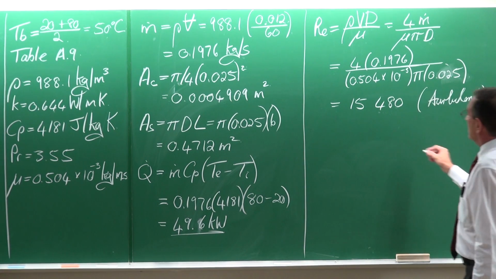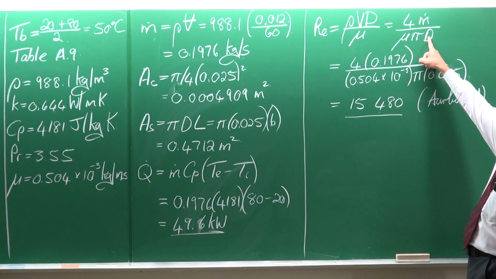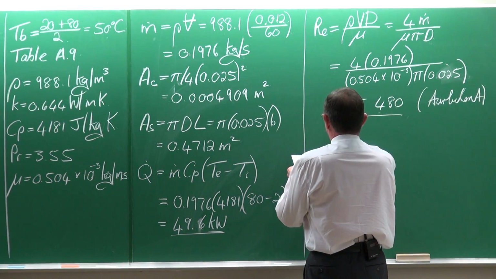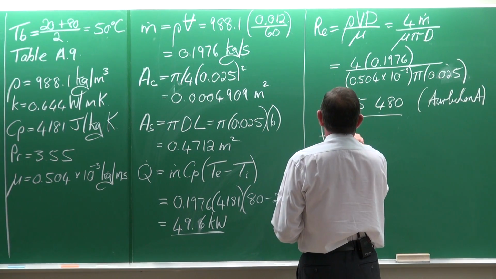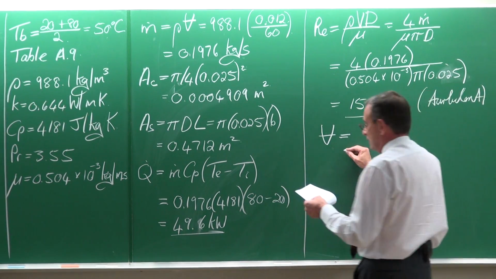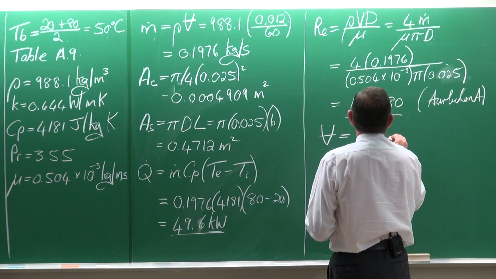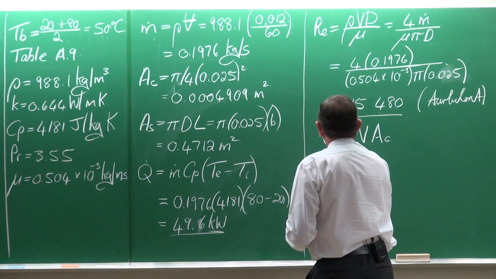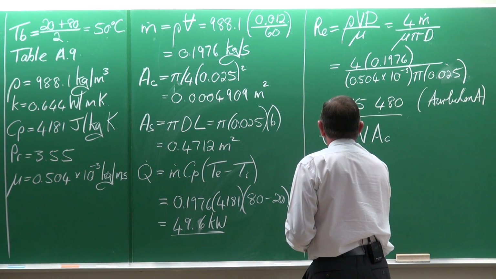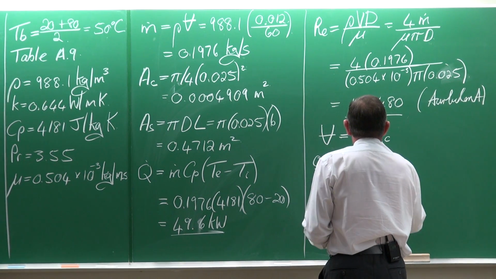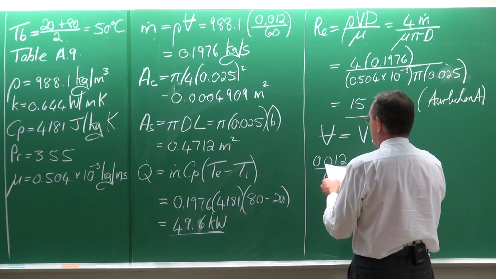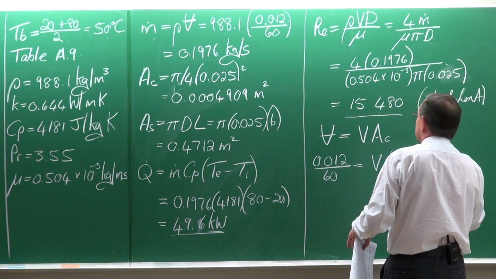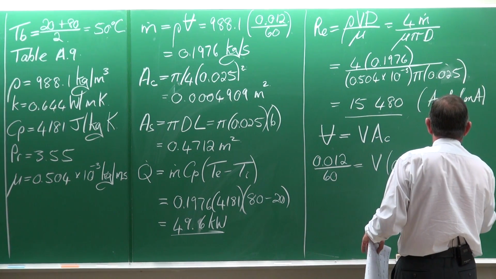Okay. Now, it is not necessary that you calculate the Reynolds number directly like that. You could have first calculated the velocity. You can calculate the velocity from the volume flow rate, which is equal to the average velocity multiplied by the cross-sectional area. The volume flow rate is 0.012 divided by 60, which is equal to the velocity multiplied by the cross-sectional area, 0.0004909.